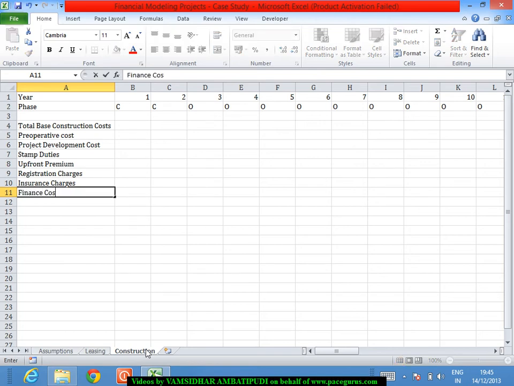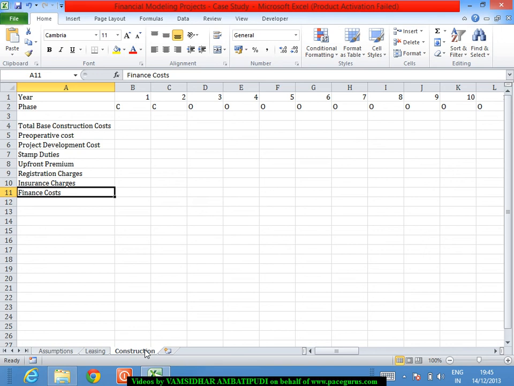So all these are the various costs that are incurred during the construction phase, and this does not include what we call interest during the construction period. We'll handle it slightly separately. The finance costs are basically the administrative, documentation kind of costs with respect to the loan that is going to be taken.